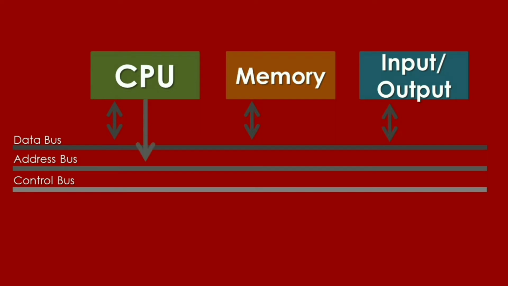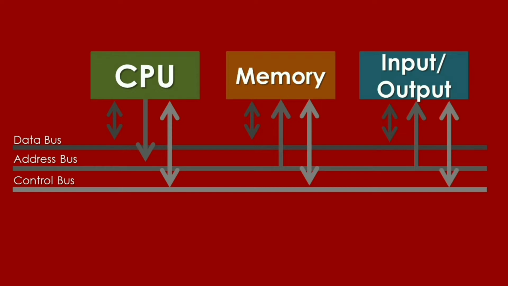For the address bus, kukunin niya yung address from the CPU and it will pass to the memory or input-output unit. The word control, it manages the units or parts of the computer. It means that it will control the CPU, memory, and input-output unit.